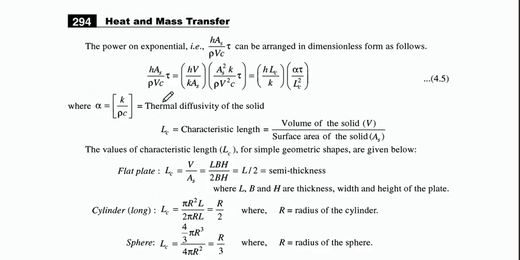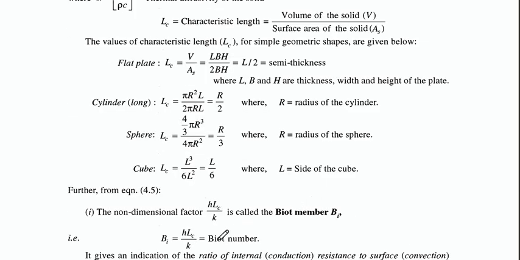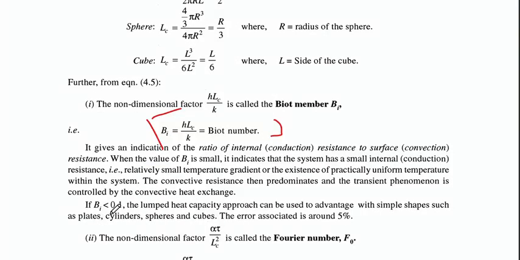One important thing: when you're doing a problem, you have to find the value of the Biot number. Only if the Biot number is less than 0.1 can we apply Newtonian cooling or heating, meaning I can use that general equation. So we have to find the Biot number before solving the problem. It is hLc by k.